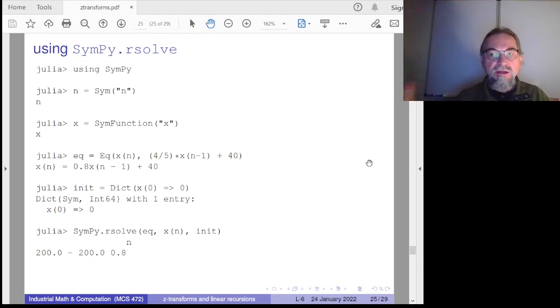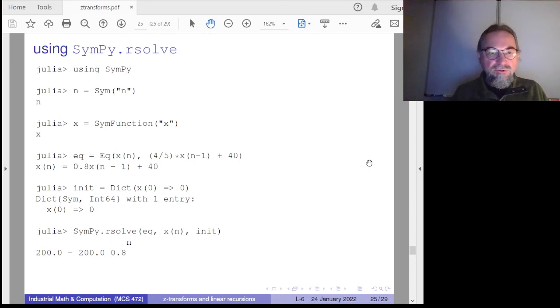So the computational ecosystem of Python is much more mature and established. And if you took MCS 320, you must have encountered SymPy. So SymPy has the very useful rsolve, which you may have encountered in MCS 320 to solve recurrence relations. If not, then here is a very quick way how to solve this.